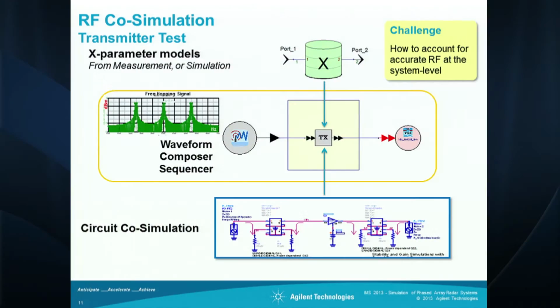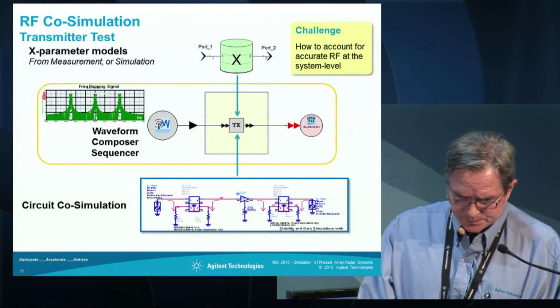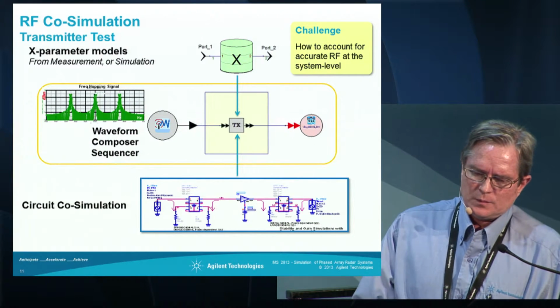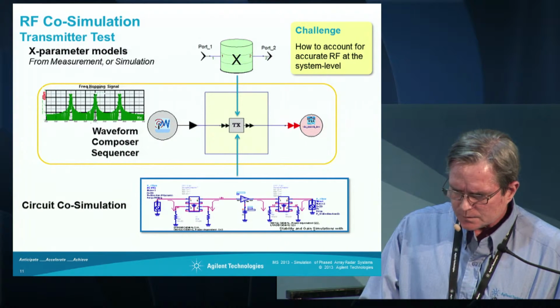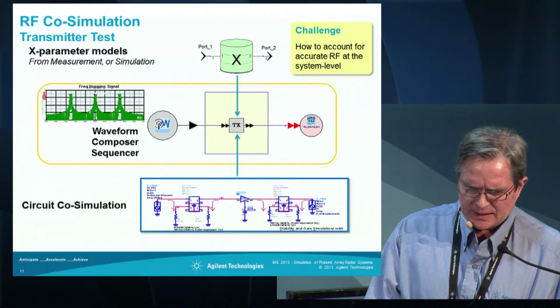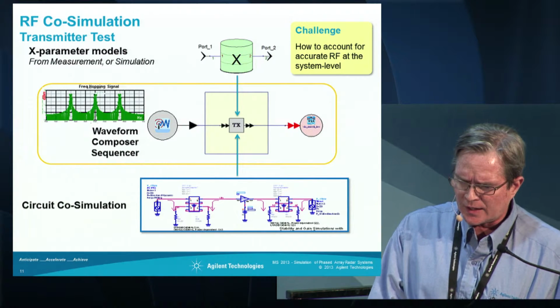Okay, one of the other things that's really important is RF co-simulation. So in this particular example, the spectrum on the left is frequency hopping. So we see a signal at 1.3 gigahertz, 1.5, and I think 1.7. So we want to be able to generate that sequence and be able to analyze or co-simulate with our RF.